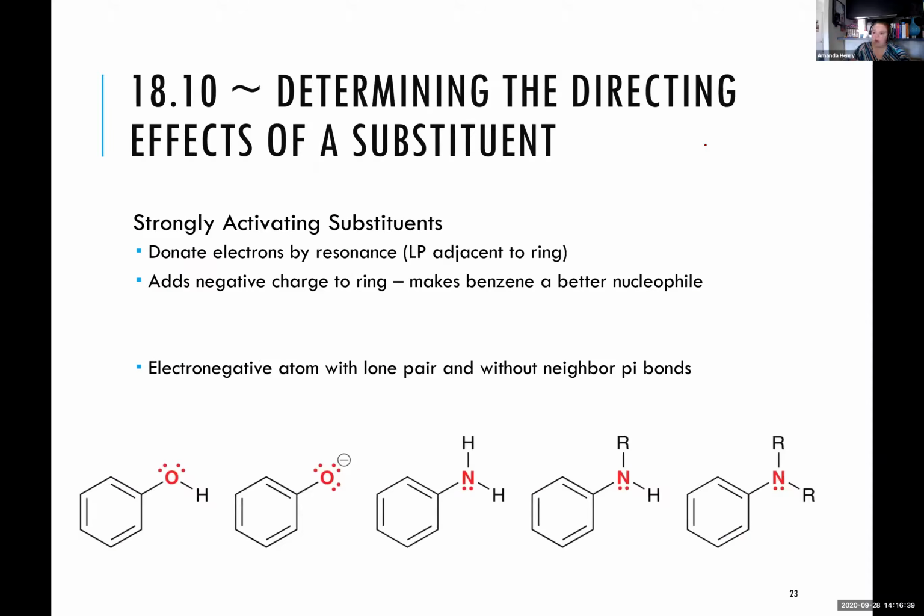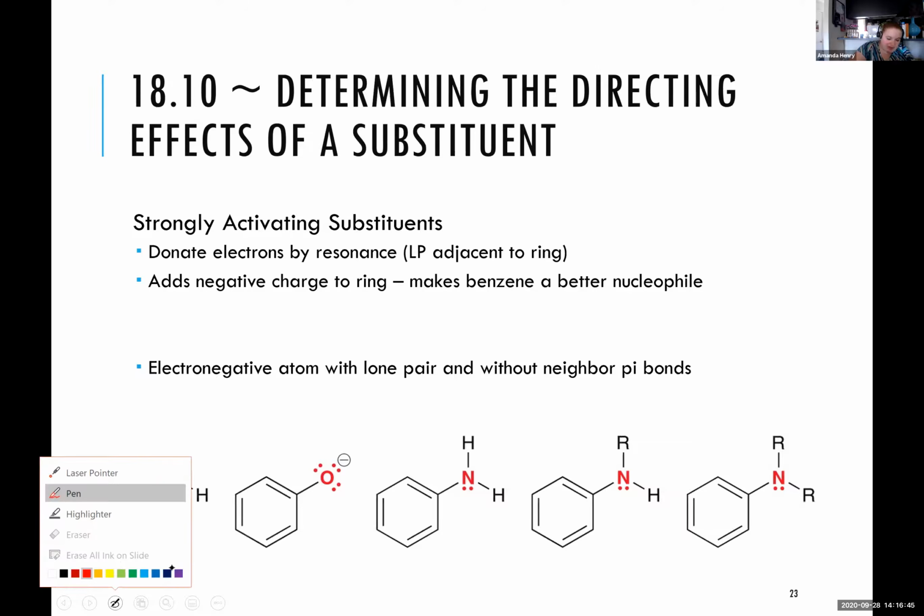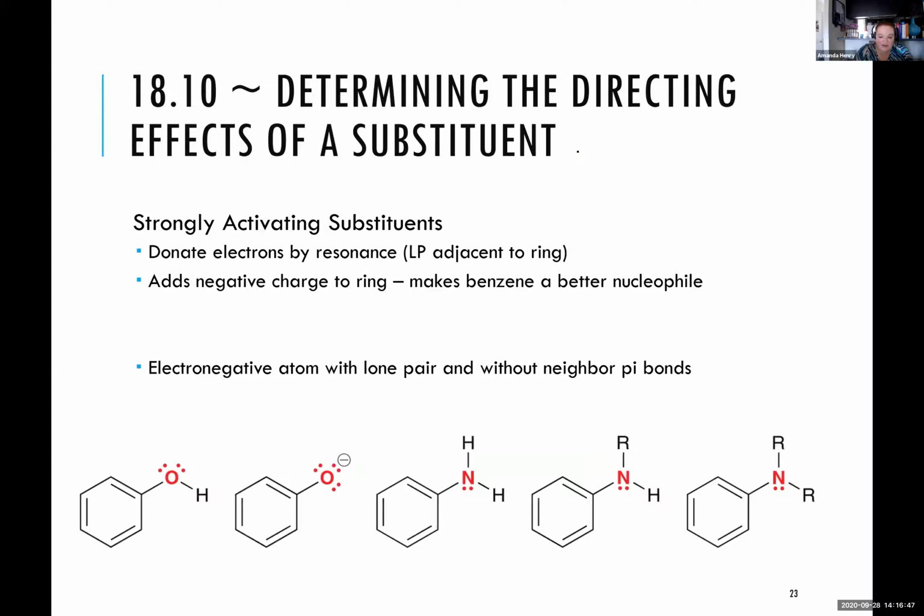So we're starting with the strong activators. So remember, all of our activators, anything that falls into an activating category, whether it's strong, moderate, or weak, are electron donators. So as we talk about each of these 6 categories, we're going to look at some examples.